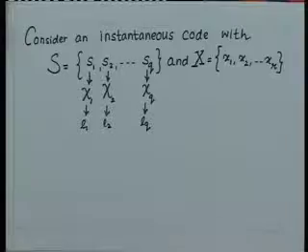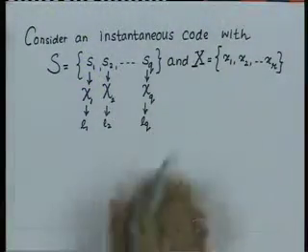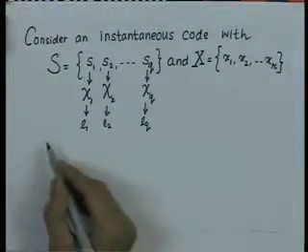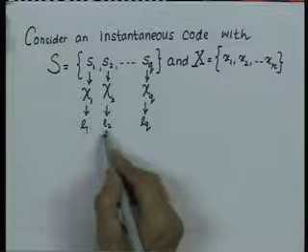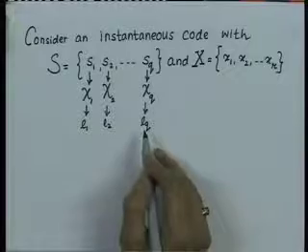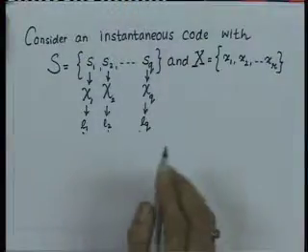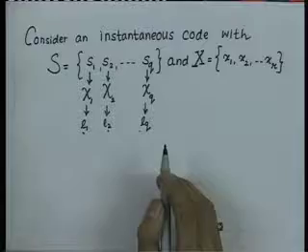It is often desirable that the lengths of the code words of a code be as small as possible. Now, the necessary and sufficient condition for the existence of an instantaneous code with code word lengths L1, L2, LQ is provided by the Kraft inequality.